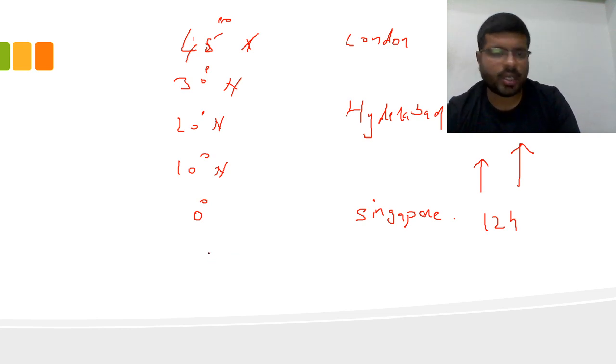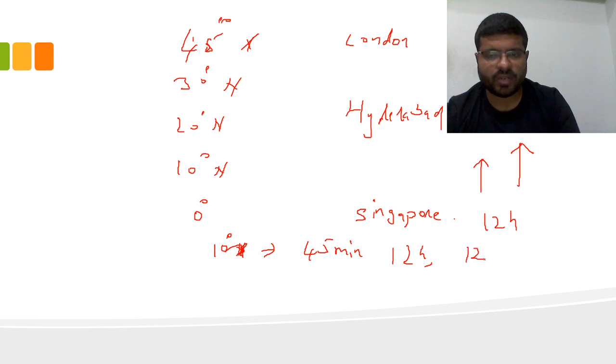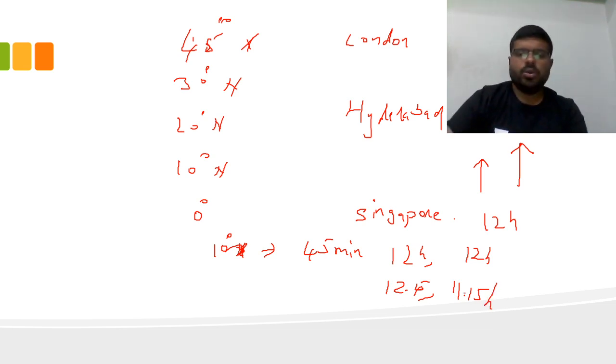Roughly, don't take it as an exact calculation, but for every 10 degrees increase in latitude, you will find around 45 minutes increase on average. So 12 hours of day, 12 hours of night. For 10 degrees, usually it will be around 12 hours 45 minutes of day, and obviously 11 hours 15 minutes of night.